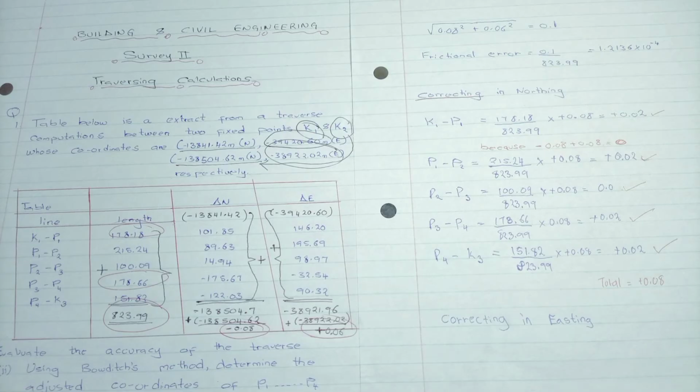So we have the length of the given line, then over the total, then times the correction, which is a negative 0.06, because in order for us to have the corrected one, we need to neutralize it to 0 in order to correct the values that we had gotten from the earlier coordinates for the easting. So we move from P1 to P2.